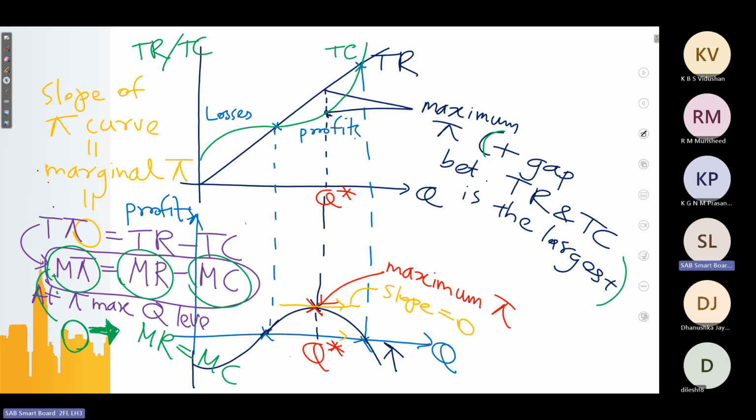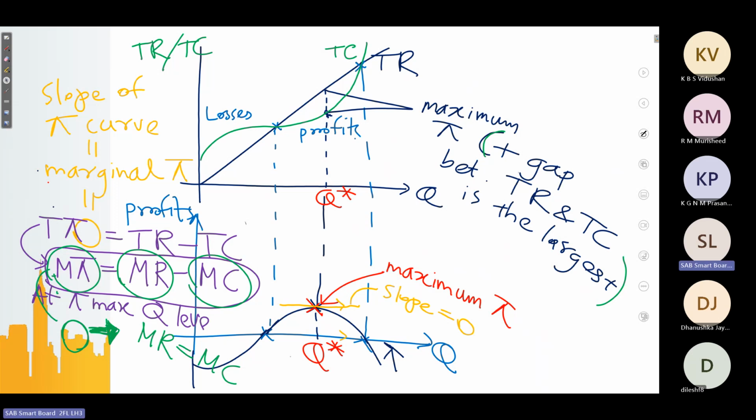So going beyond that, let's discuss some additional stuff here. Marginal profit is the slope of the profit curve.